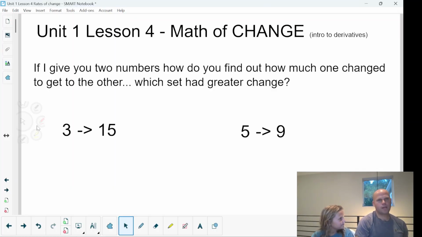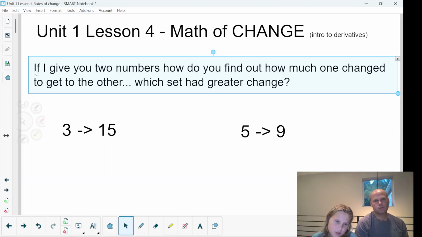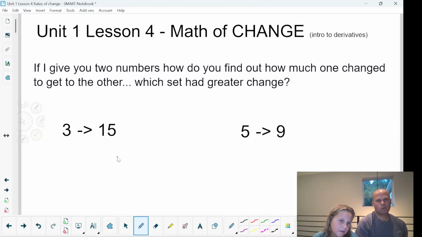Good. And how did you figure that out? I did 3 to 10, and then add the 5 and add those two numbers. Cool. So you kind of said plus 7 plus 5, and that's 12.